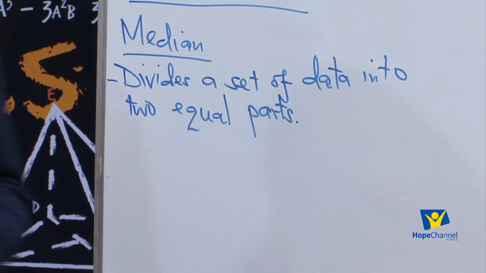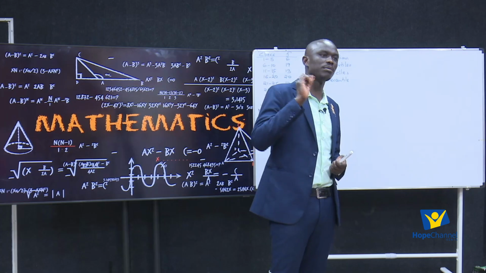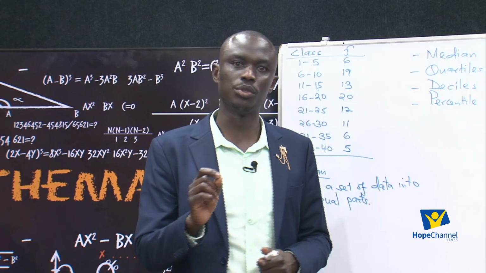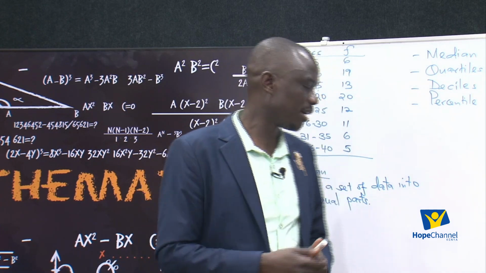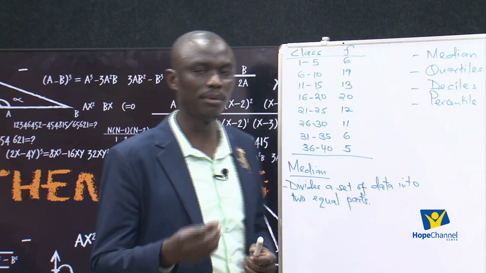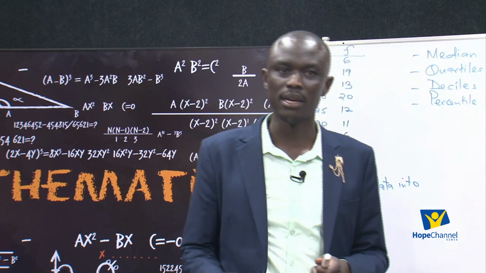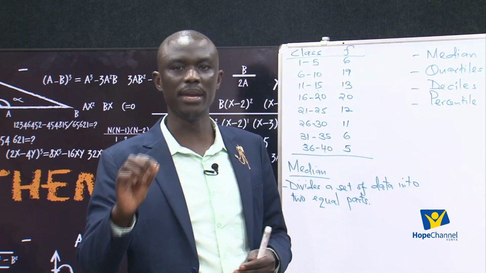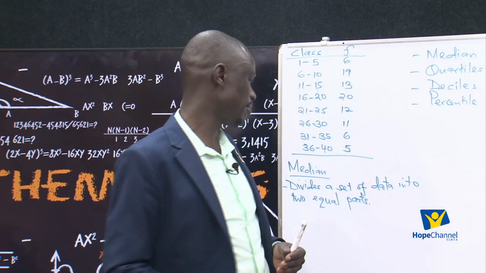It is that observation that divides a set of data into two equal parts. Actually, they say the middle item. So if somebody asks you to find the median, in simple terms, they're just asking you to find the middle item.